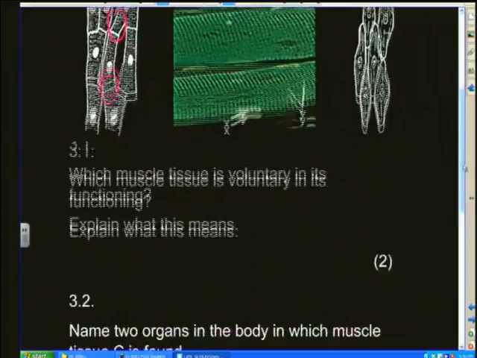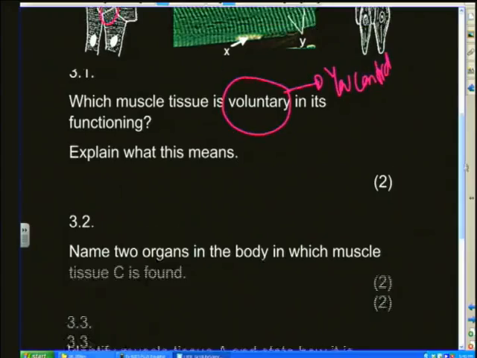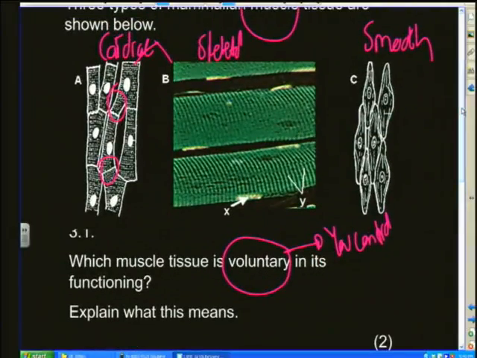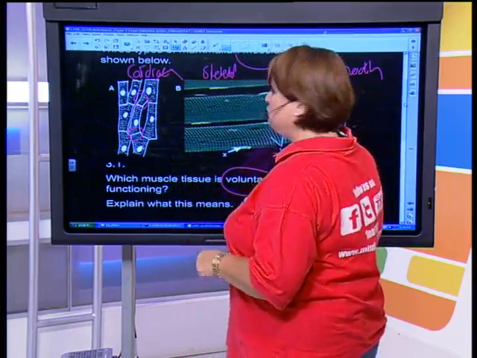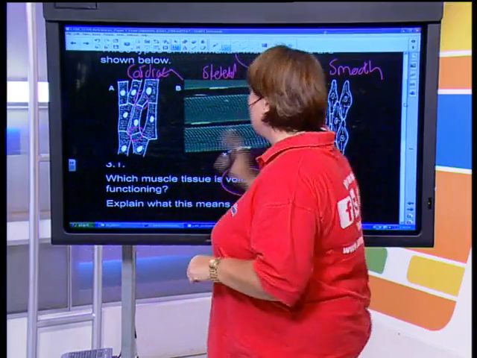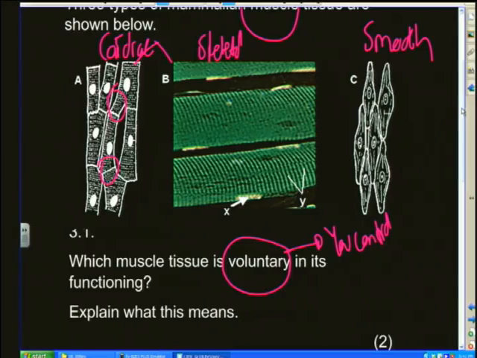So let's see what type of questions I can ask. Which muscle tissue is voluntary? Voluntary means you control it. Now if I have a look at the tissues, heart, do I control? No. The brain does. Smooth muscle, are you sitting here going, breathe, digest, blood flow? Bladder, don't work. So voluntary, which one can you control?